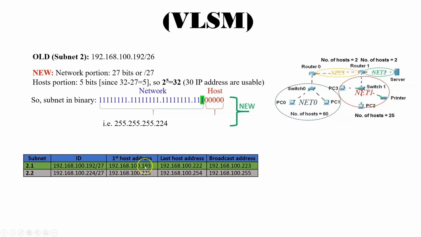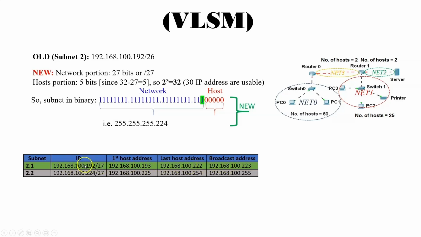193. So 193 is the first usable host IP address. And the broadcast, remember 2 to the power 5 is 32, so that ends with 223, from 192 to 223. That makes 30 plus 2, so the last usable IP address is 222 for this subnet.